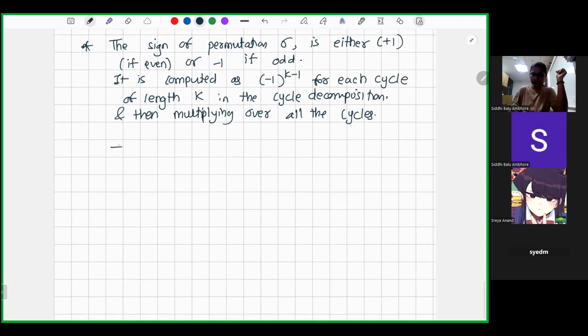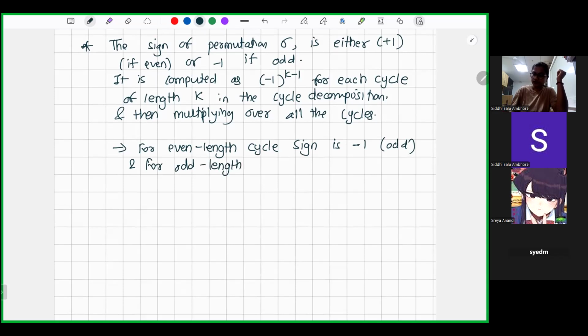And we can note this, that for even length cycle, signature is -1, that is, it is odd. And for odd length cycle, the signature is +1 and it is called even.